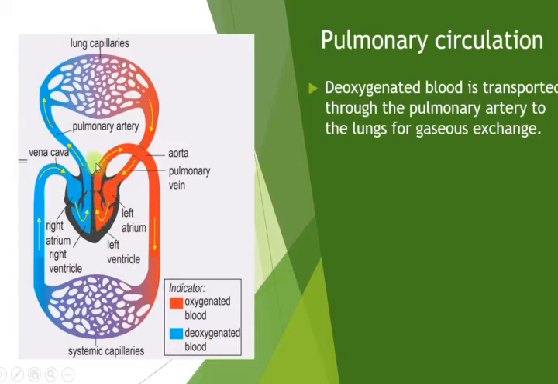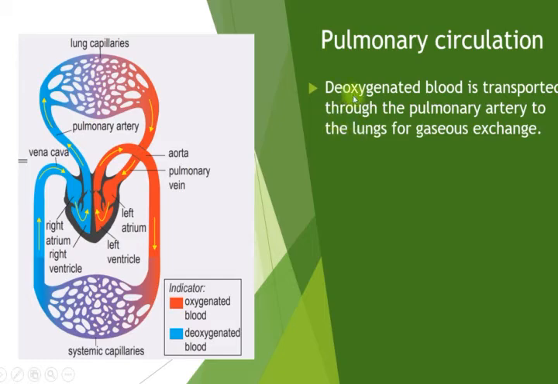The blood flows through the heart twice, and it will enter in two directions, two circulations. First is the pulmonary circulation, and second is the systemic circulation.